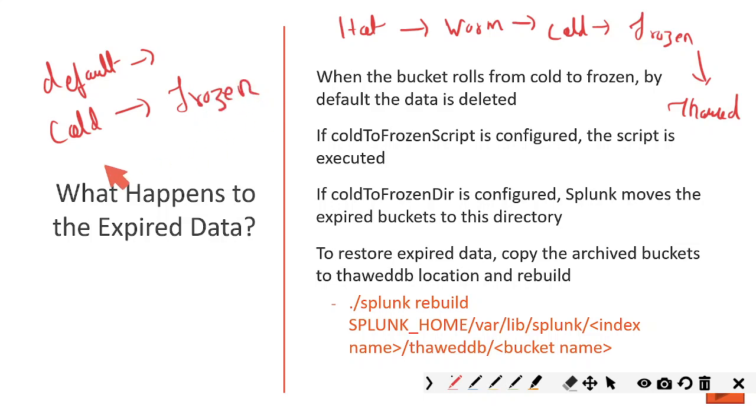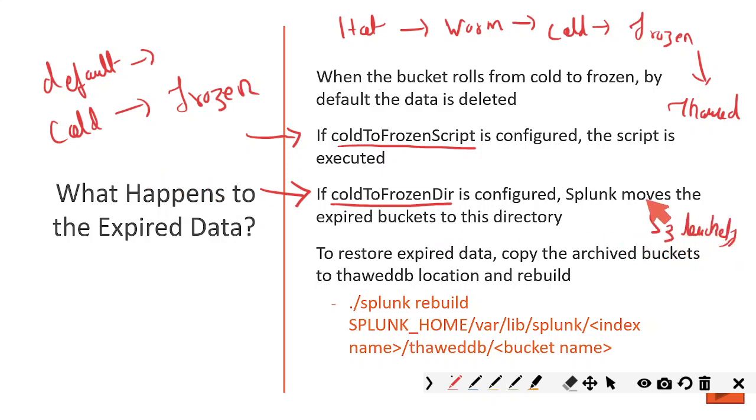But if I want this data to be archived, then I can use two parameters. One is the cold frozen script. The second attribute is the cold frozen directory. If I make use of these two parameters, when I roll data from the cold to the frozen buckets, my data will be archived to a certain location. I can archive that particular data to S3 buckets as well.